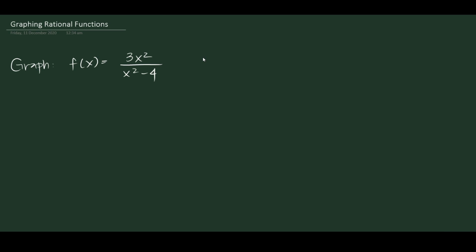Now the first step in manually graphing this rational function is to determine if the graph has symmetry. Okay. So we're going to make use of the concept of odd and even functions. Now, to refresh your memory, an even function is when you evaluate f of negative x, if it is equal to f of x, then that means that the function is even.